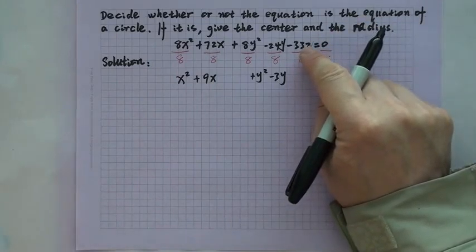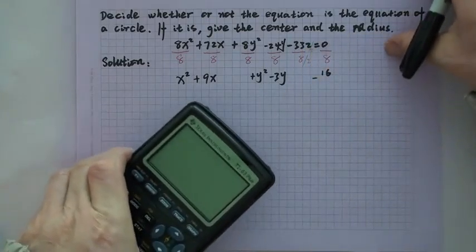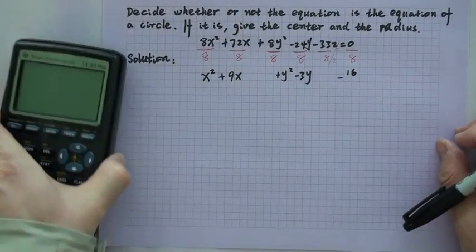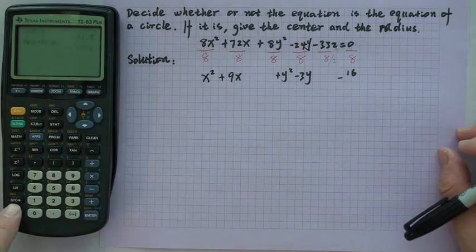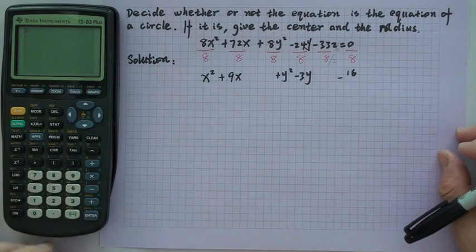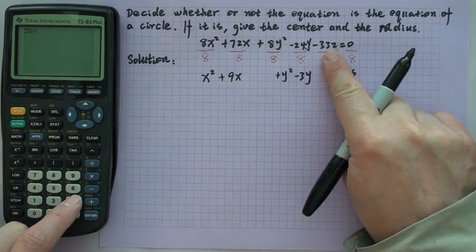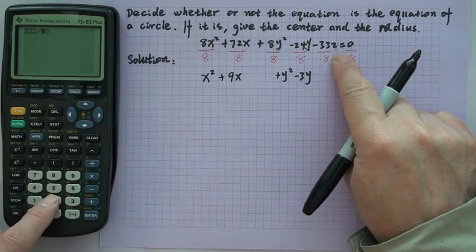Let's get our calculator right here. Okay, so you have 332 divided by 2.